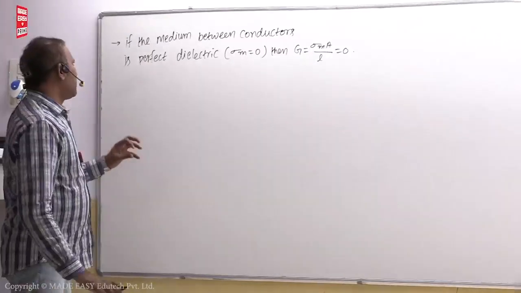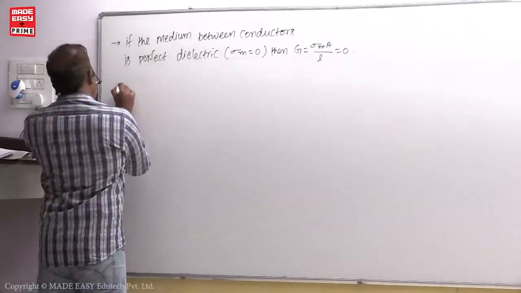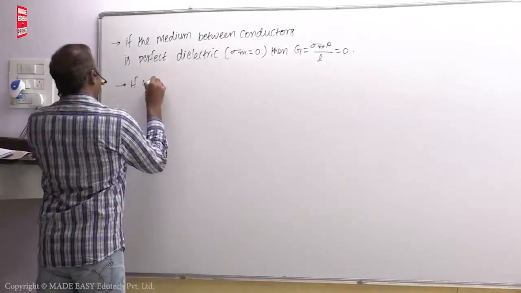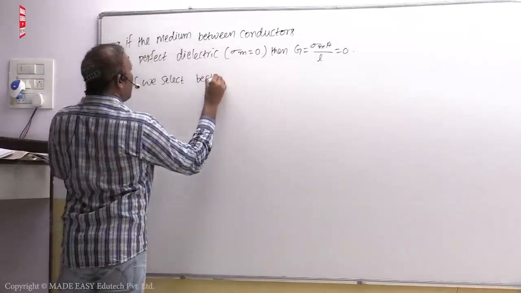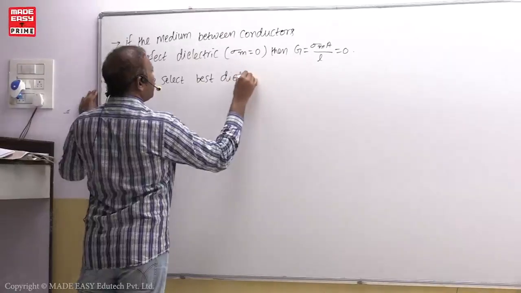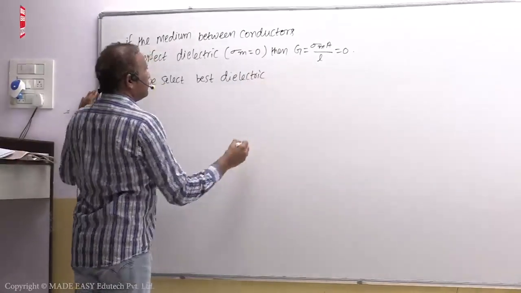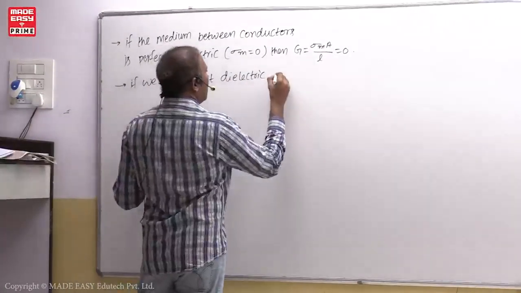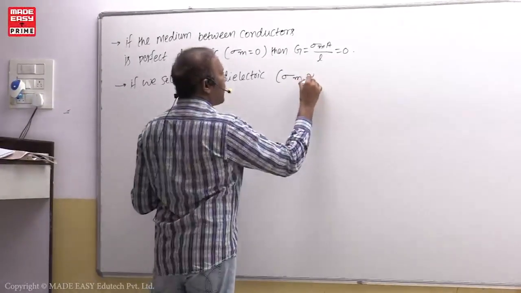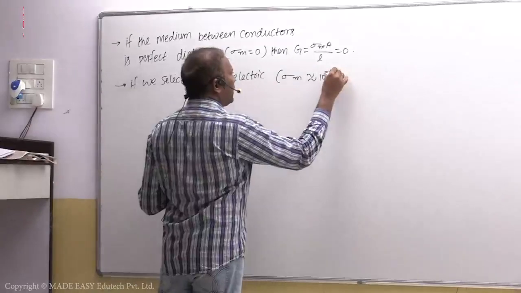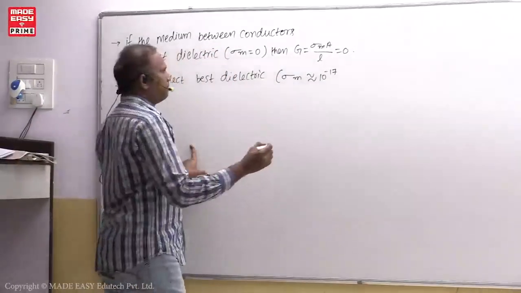So if we select the best dielectric, then for that best dielectric, students, sigma of the medium is approximately 10 to the power minus 17. This is the value.